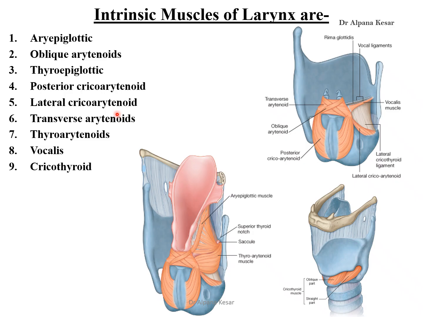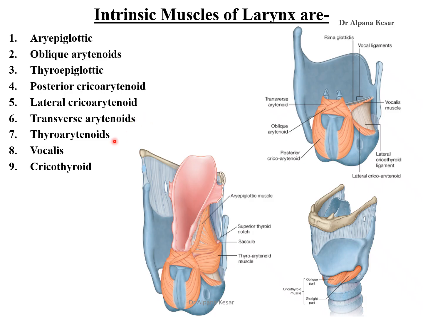The next 3 muscles help in closing and opening the rima glottidis, and that includes the posterior cricoarytenoid, lateral cricoarytenoid, and transverse arytenoid.